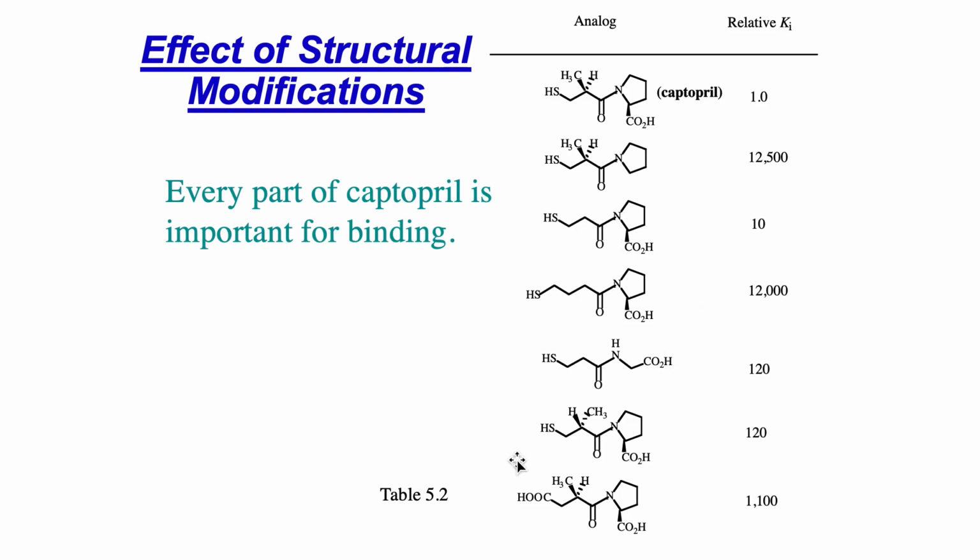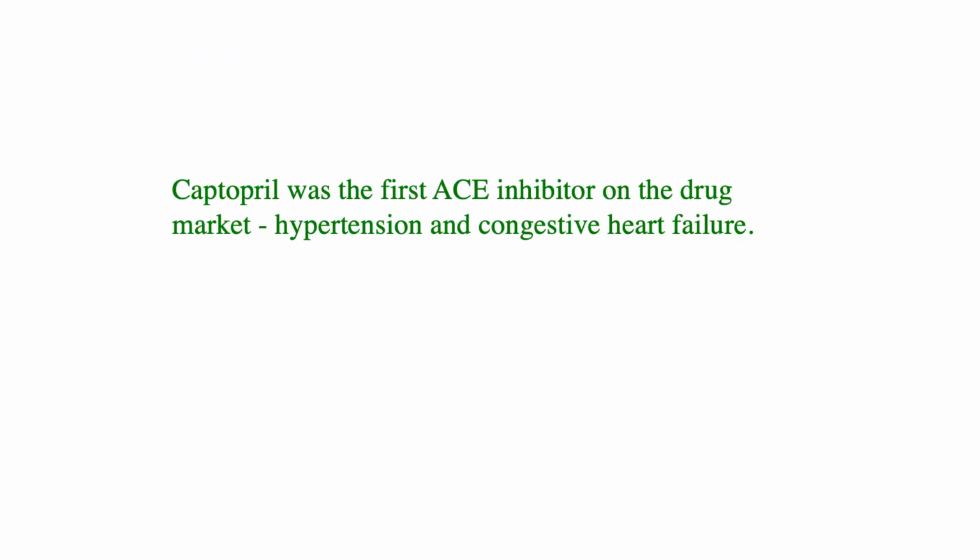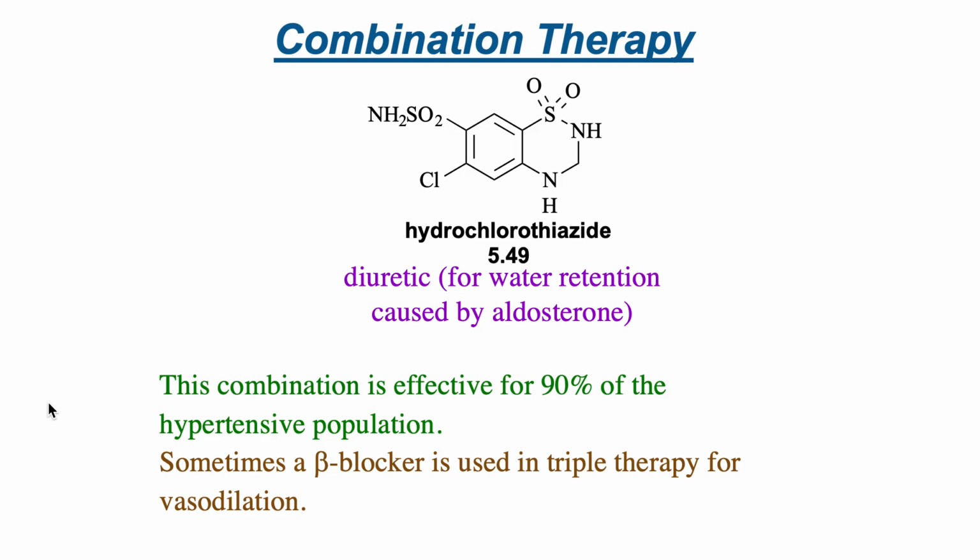Every change they made messed with the Ki. This is like those tables we've made before. Your conclusion would be every part of captopril is important for binding. So this is the first ACE inhibitor.